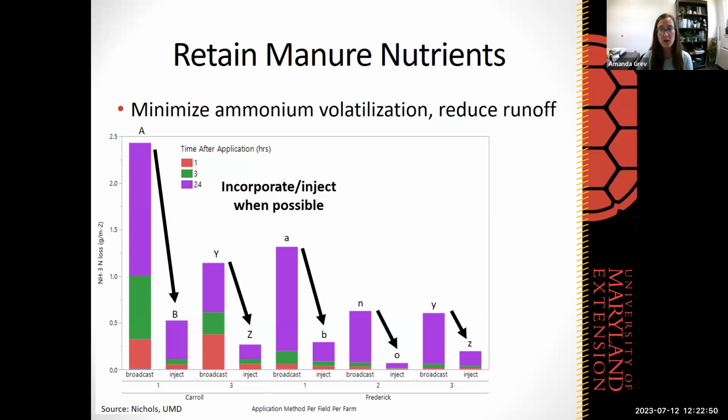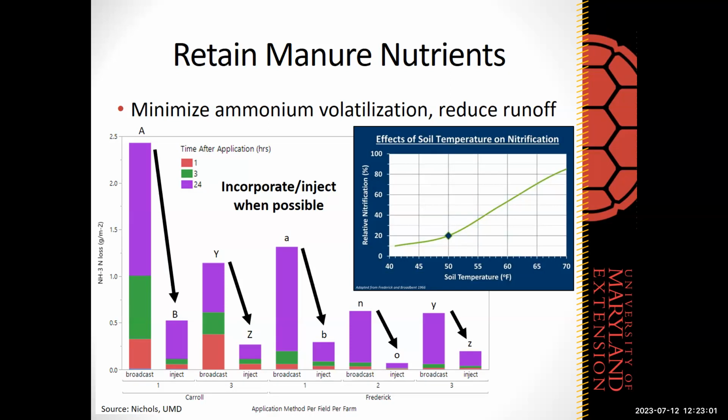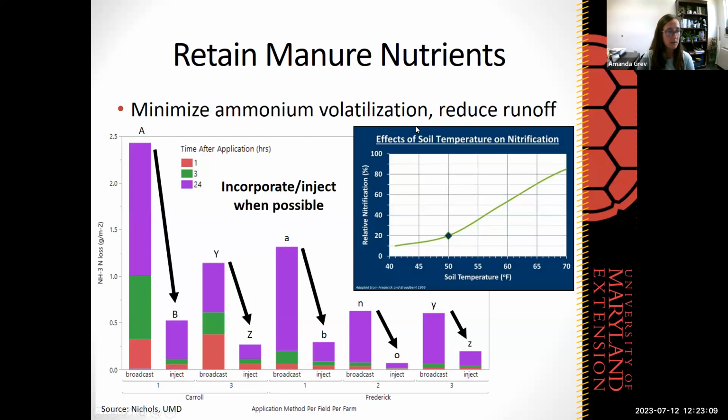The other thing with manure and nutrients is the temperature. We want to be able to apply those nutrients when our temperature is lower because we have less nitrification or less volatilization.